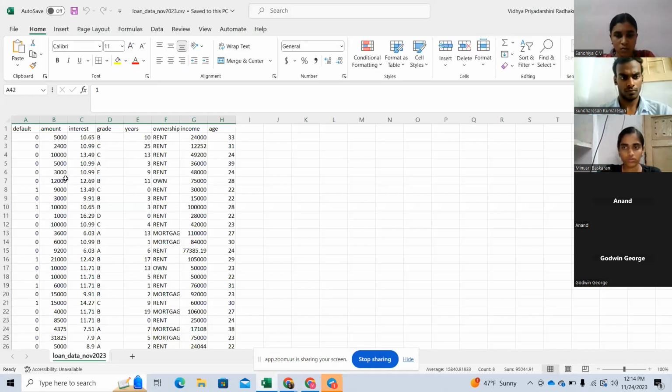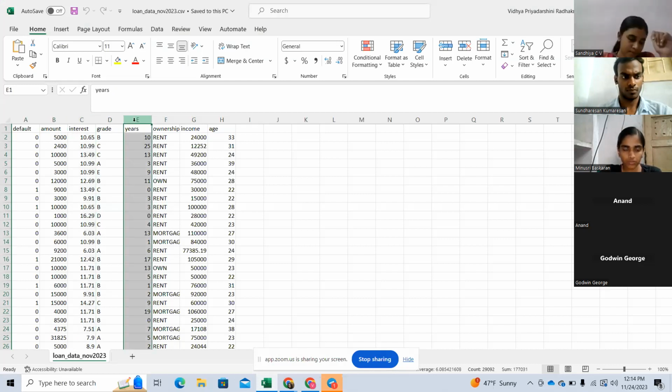If you look at amounts, it ranges from say 5,000 to 35,000. Then you have interest rates, which probably range from say 5 to 13. Years maybe from 10 to 100 or 50 or whatever, right? So the units are very different, and you're trying to put all of them into a single equation.